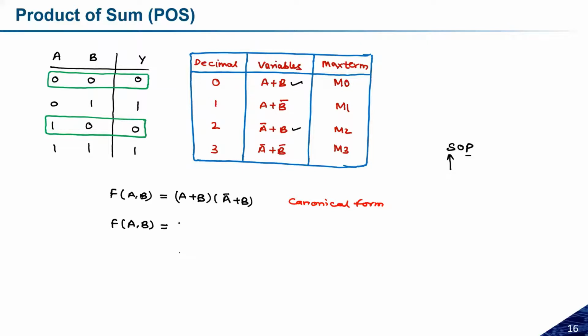To represent the POS form, we need to utilize the pi symbol, and capital M is used because we are considering the max term. A plus B indicates 0 and A bar plus B indicates 2. So this is how we can represent it. This is a simple representation of this truth table.